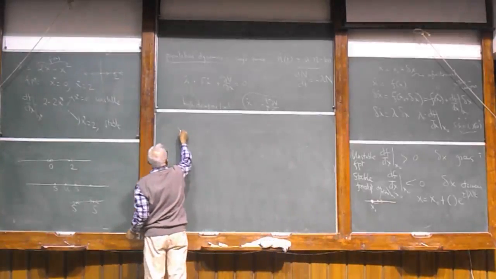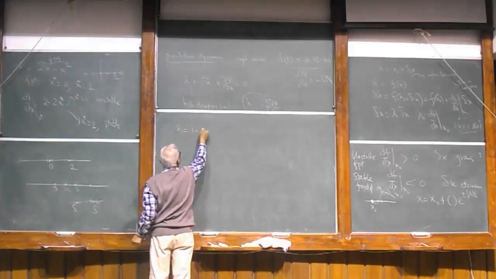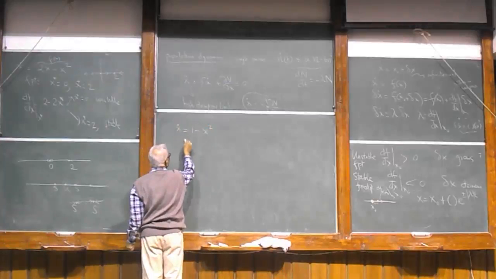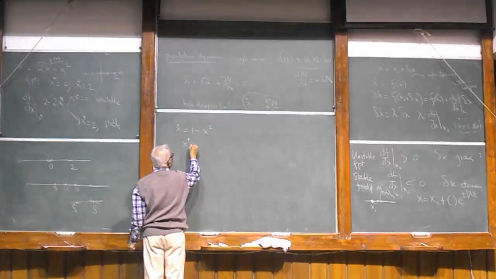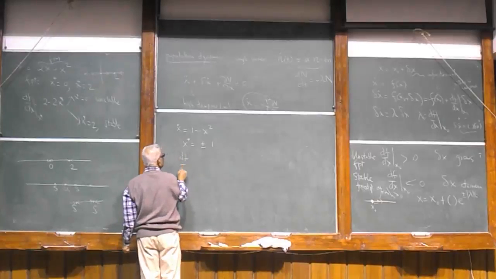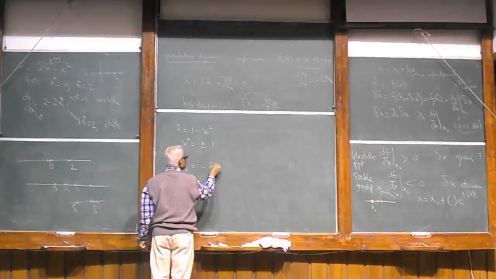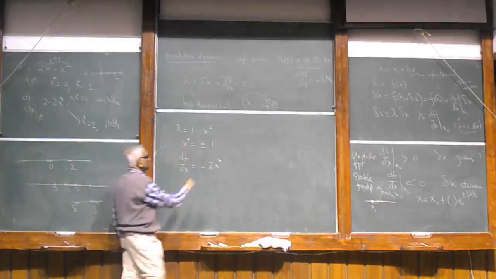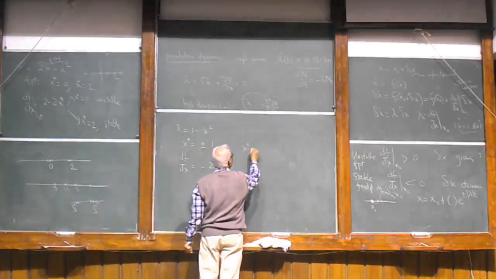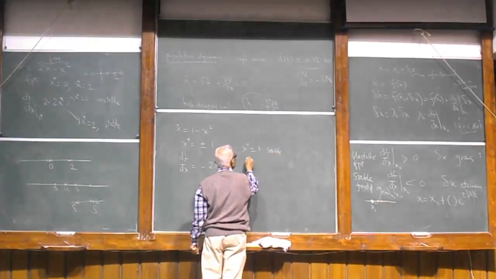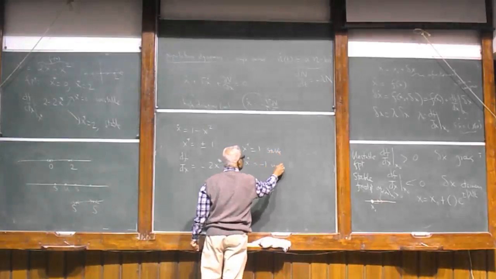Remember the other ones which we did, x dot equal to 1 minus x squared, that had the fixed points x star equal to plus minus 1, df dx is minus 2x star, so x star equal to 1 is stable, and x star equal to minus 1 is unstable.